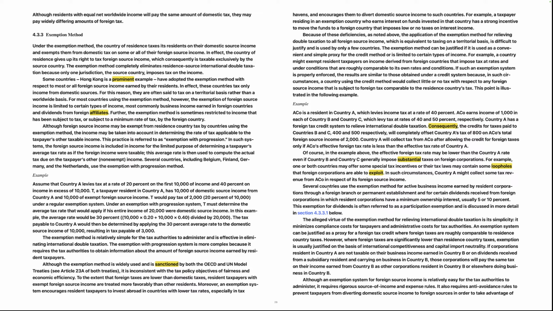Several countries use the exemption method for active business income earned by resident corporations through a foreign branch or permanent establishment, and for certain dividends received from foreign corporations in which resident corporations have a minimum ownership interest, usually 5 or 10%.